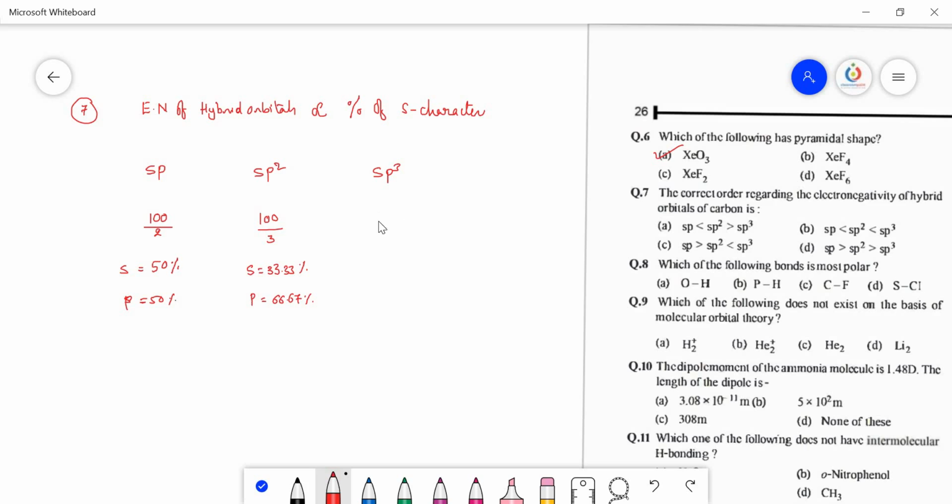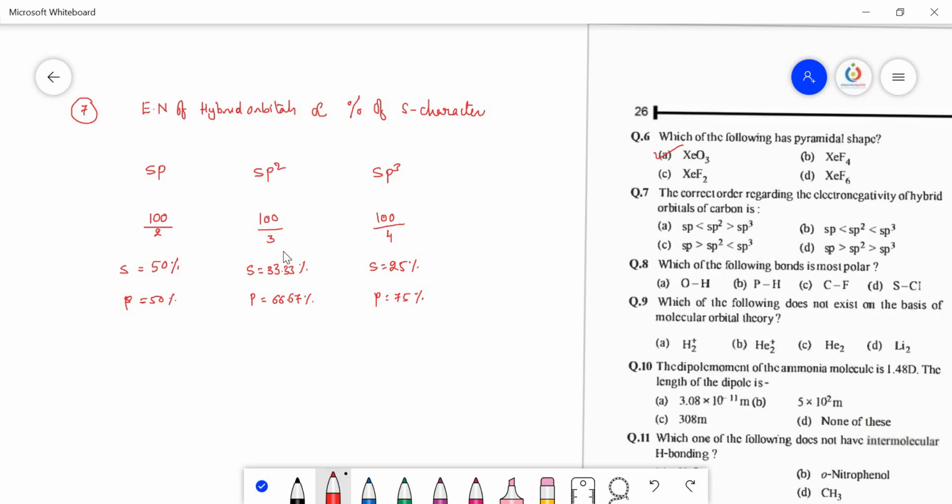whereas the p orbital gets 66.67%. And in this case, 100 divided by 4, since 3 plus 1, 4 orbitals are there. So the s orbital gets 25%, and each p orbital gets 25%. Like that, 3 p orbitals are there, so 3 into 25 equals 75%. Here also each orbital gets 33.33%. For the s orbital only one is there, and that's why 33.33%.